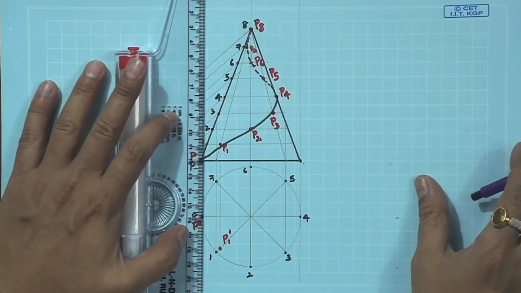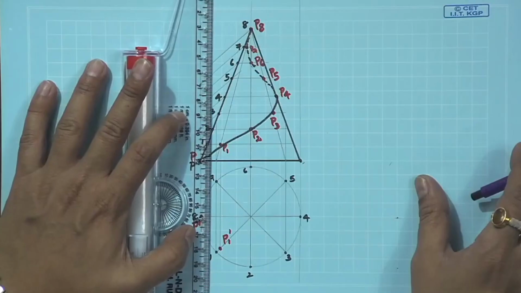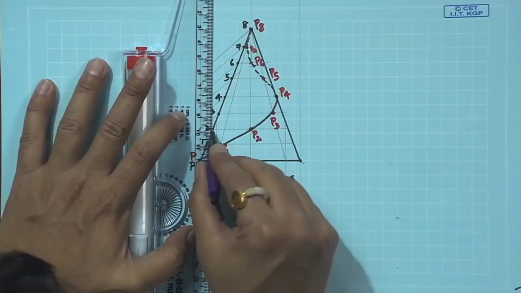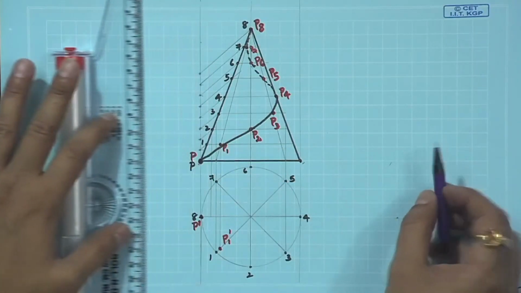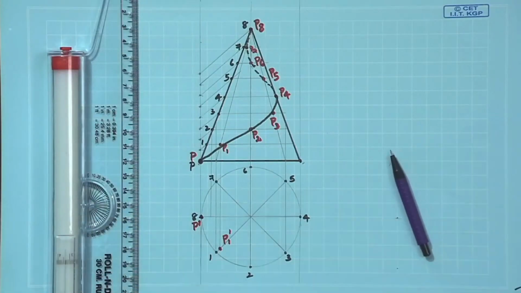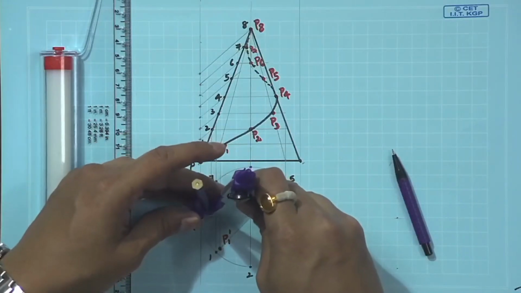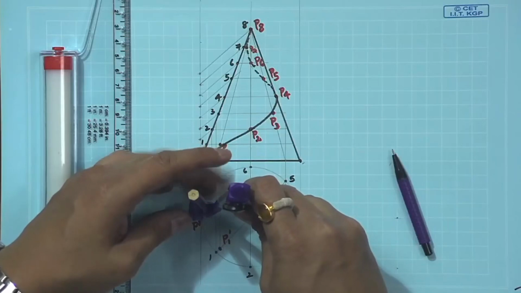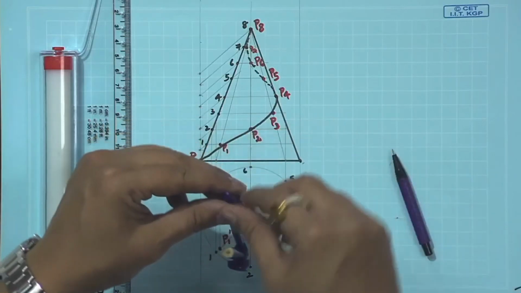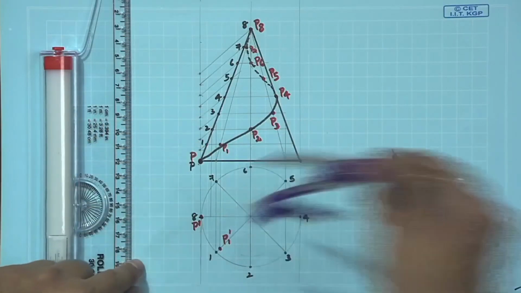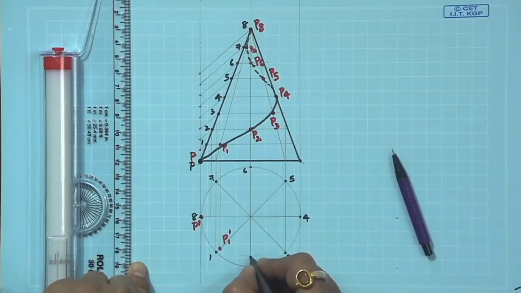So, move parallel to 2, make it onto the horizontal line. From there, take a compass, make an arc onto the second one, it is intersecting here, call that one P2 prime.